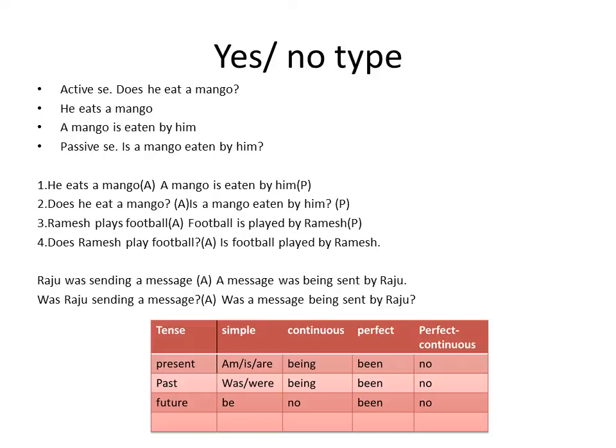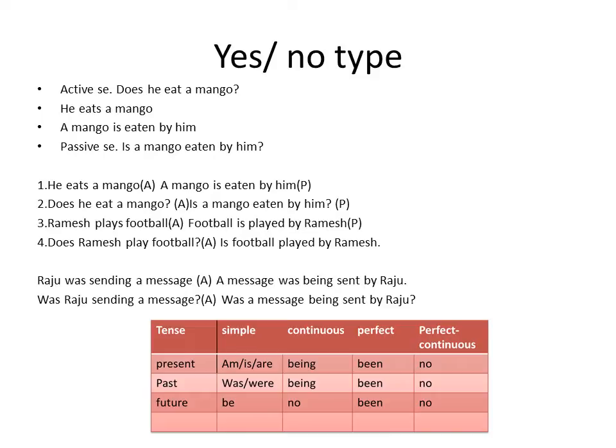First of all we have to learn how to make this sentence an assertive sentence, and we can easily change that assertive sentence into passive voice, as we have seen before.